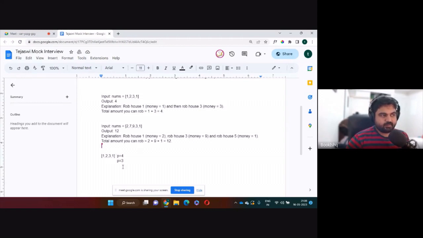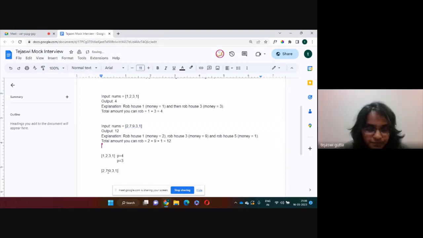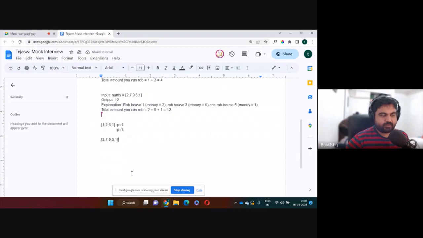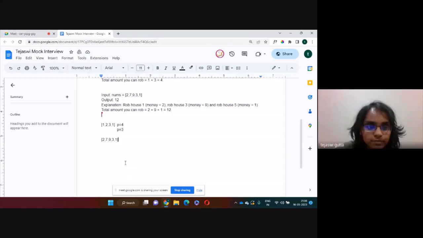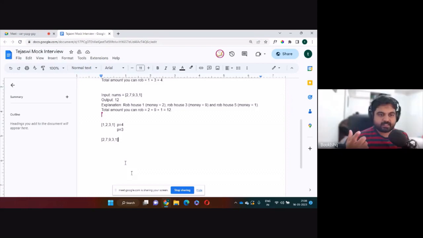Currently, for the second example, we have the values 2, 7, 9, 3, and 1. You are suggesting a recursive function where for every single index you will try to see whether you can rob that house or not. If you rob that house, then you will set the flag that I have already robbed the house for the next recursive call.